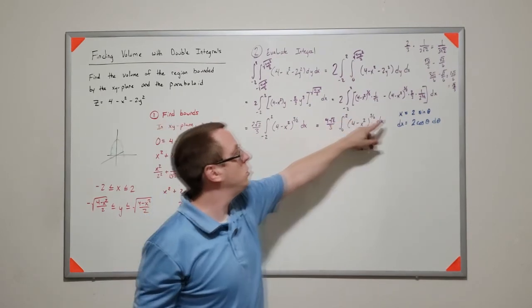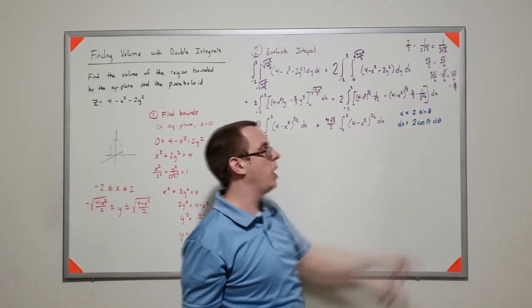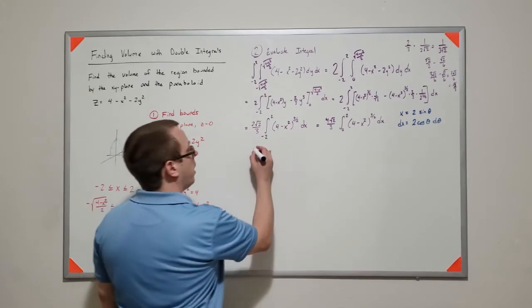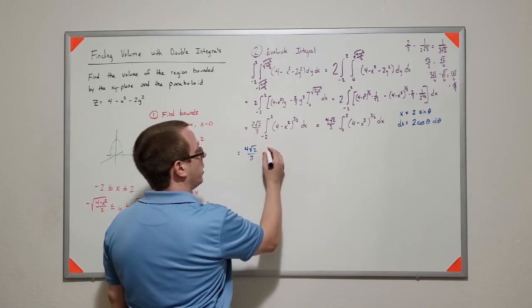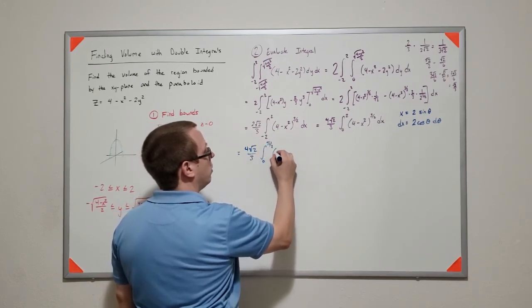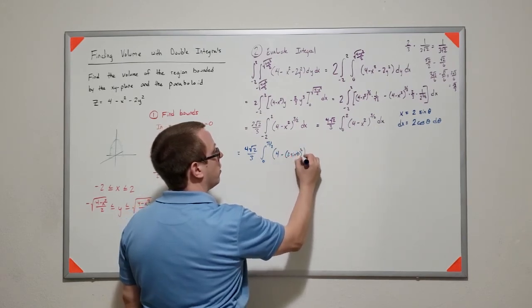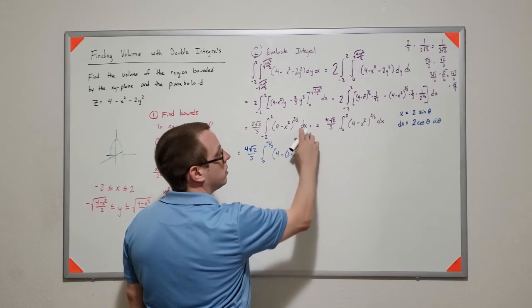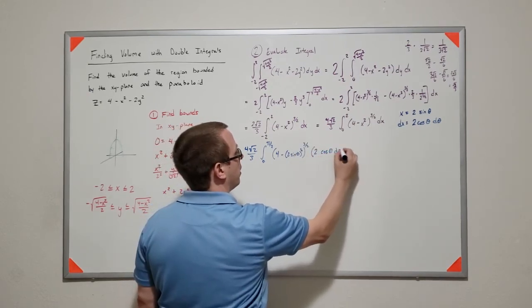When x is 2, 2 equals 2 sine theta, so theta must be pi over 2. So now we have 4 square root of 2 over 3, from 0 to pi over 2, of 4 minus 2 sine theta squared to the 3 halves times 2 cosine theta d theta.